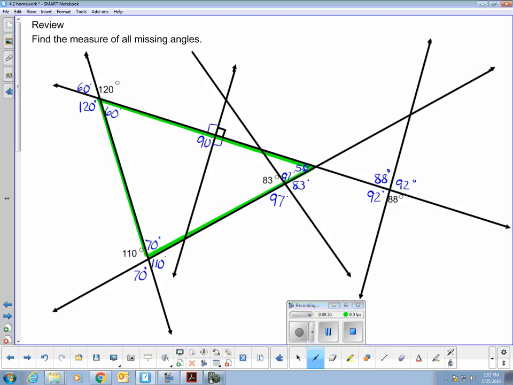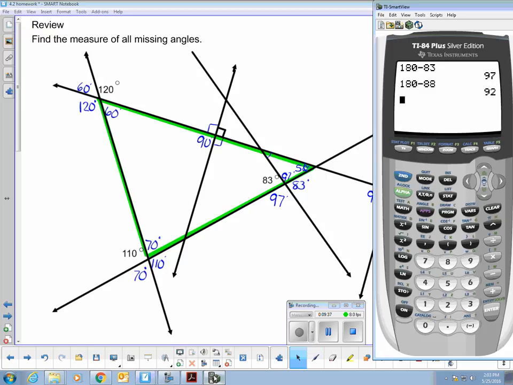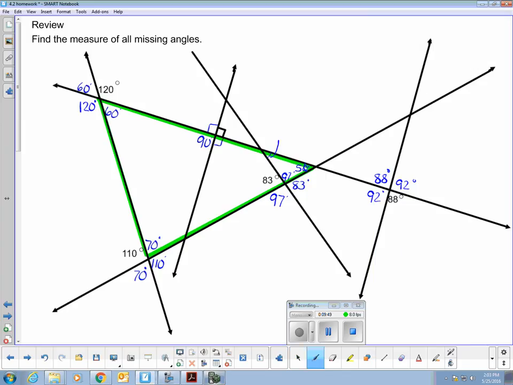Now I can determine the measure of this angle. Which now tells me this angle.